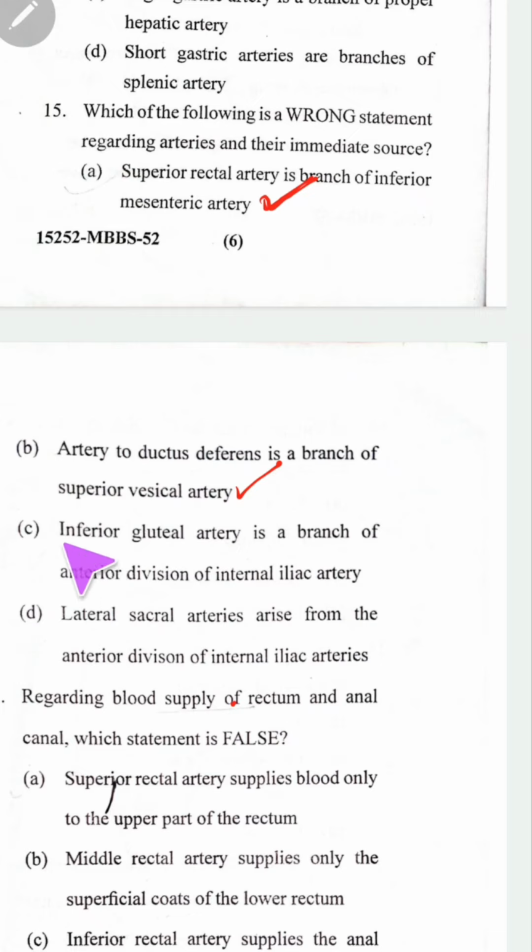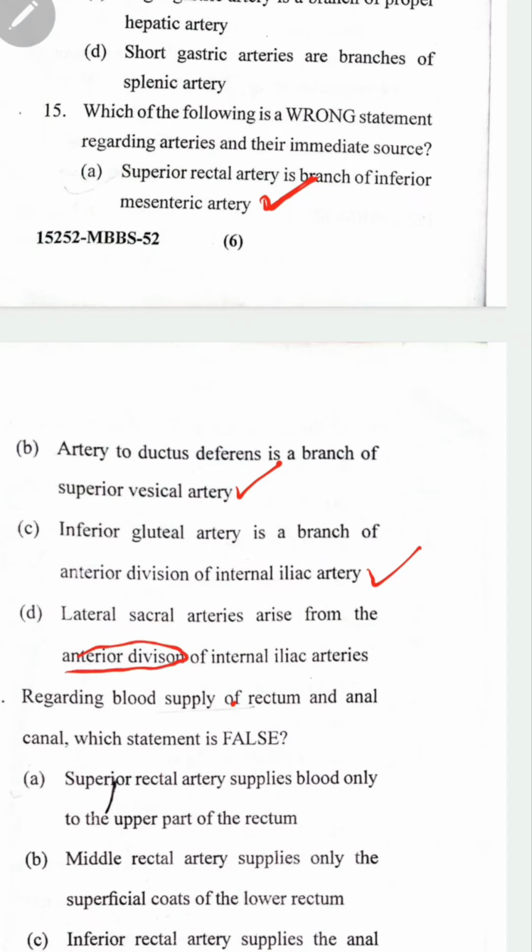Now question number C. Inferior gluteal artery is a branch of anterior division of internal iliac artery. Correct. However, remember the superior gluteal artery is a branch from the posterior division or the dorsal division of internal iliac. Then lateral sacral arteries arise from the anterior.